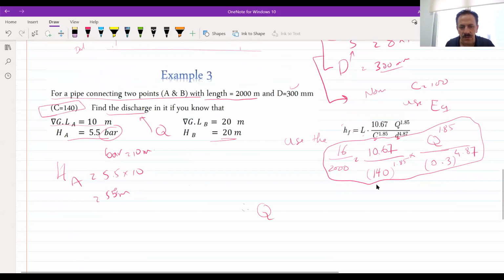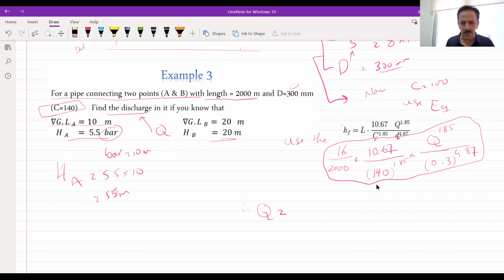Then I can say Q is equal to 16 divided by 2000 times 140 power 1.85, divided by 10.67 times 0.3 power 4.87.